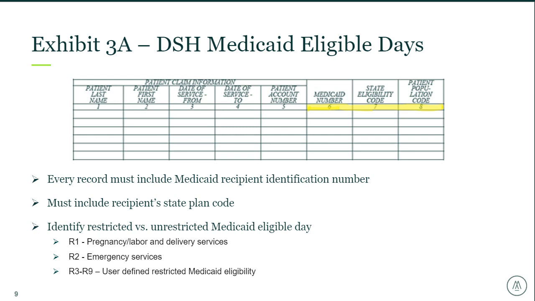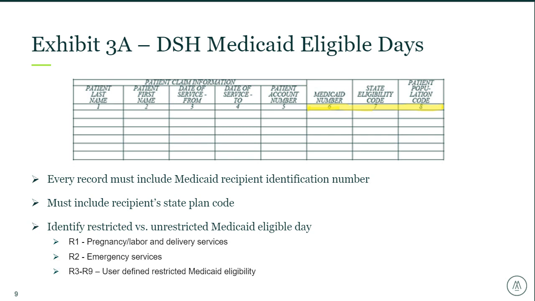Related to that program code in column 7, for column 8, the patient population code, you're to identify the unique patient population code to identify a restricted or unrestricted Medicaid eligible day. For restricted eligibility, you're to use code R1 for pregnancy and labor and delivery services. R2 represents a code restricted for emergency services.